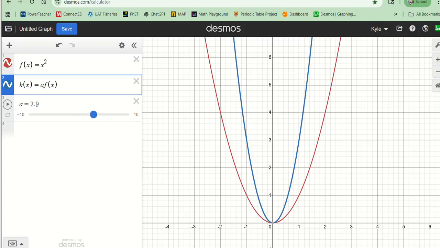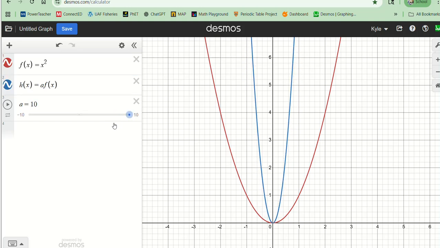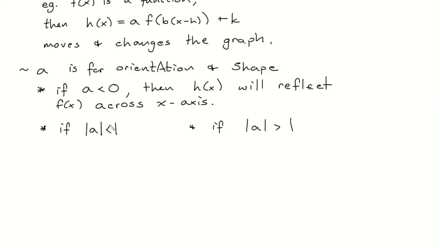If a gets bigger and bigger, my graph gets thinner and thinner, which means in the vertical direction, stretched or compressed again? Stretched. So if the absolute value of a is greater than 1, then vertical stretch. The language can be hard to think about: it is a vertical stretch by a factor of a.